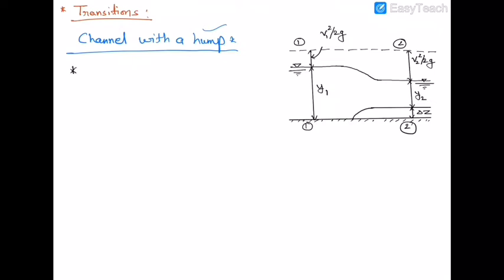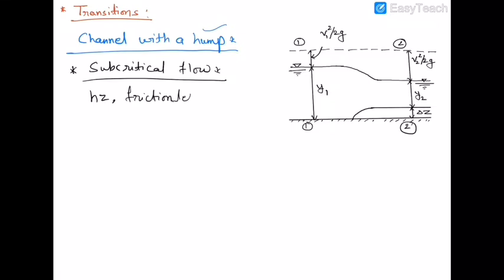First of all, let's take the case of subcritical flow. Let's consider a horizontal, frictionless rectangular channel of width B carrying a discharge Q at a depth y1.